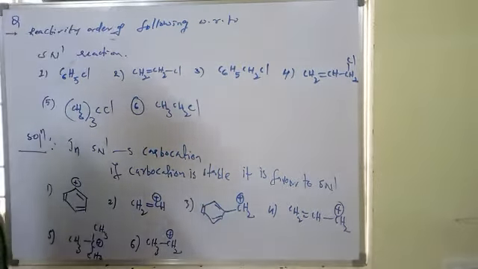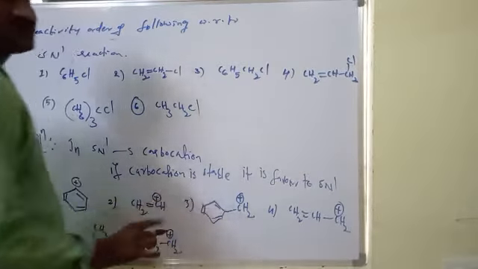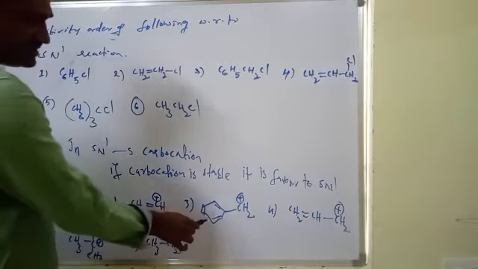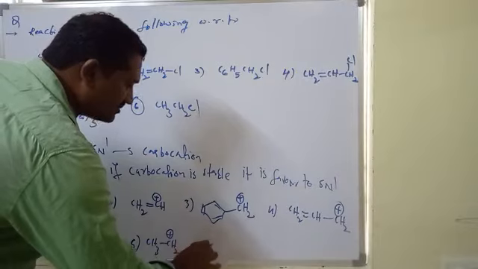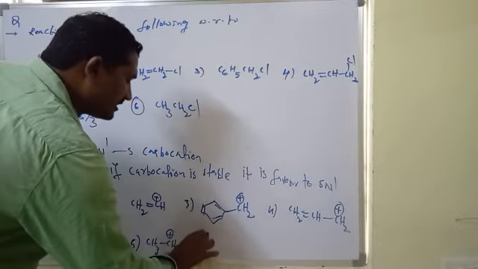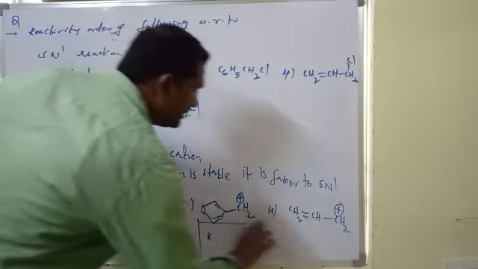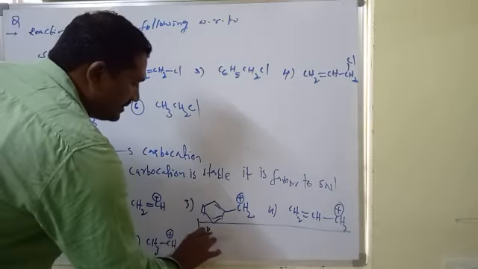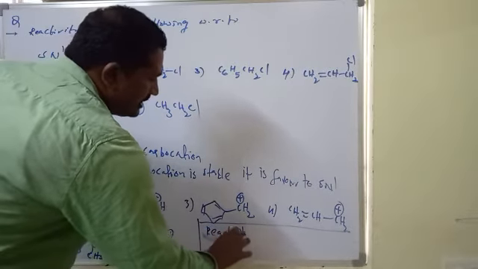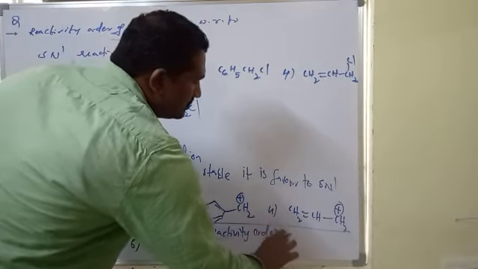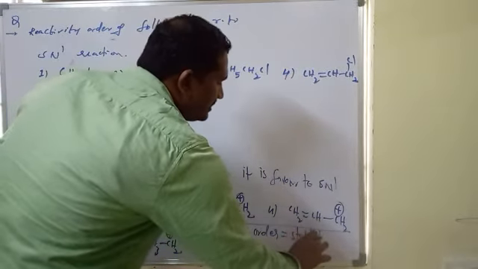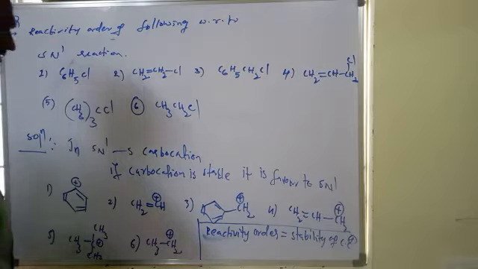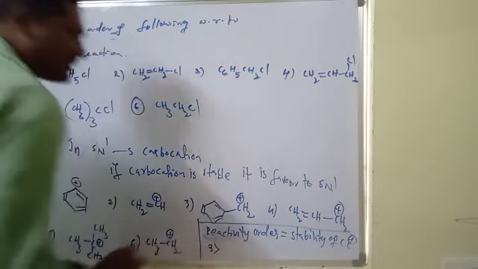Benzyl is the most stable carbocation because pi-sigma-positive conjugation exists. So stability order equals reactivity order. The first, 3, is more stable, so it is more reactive.